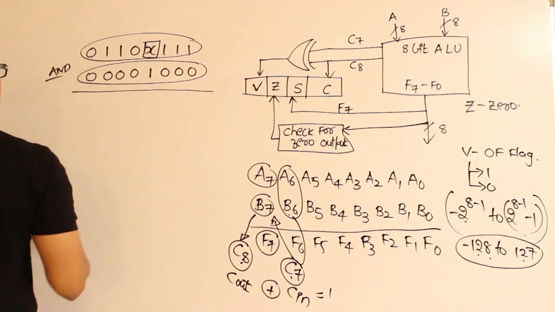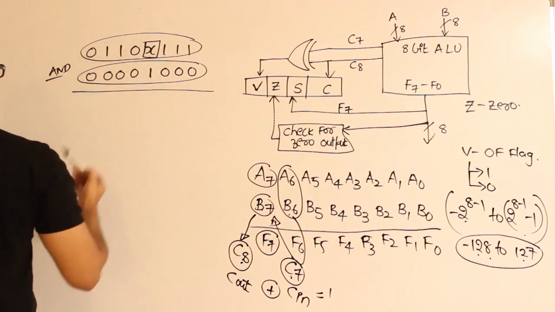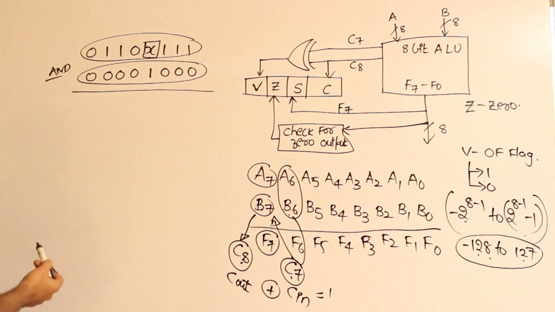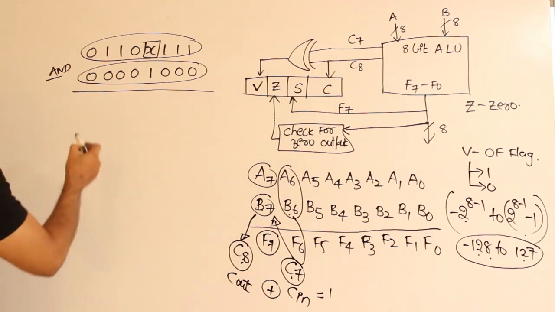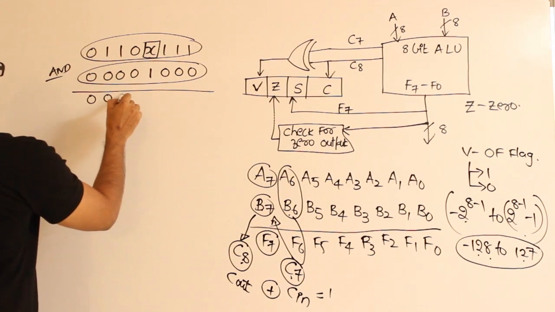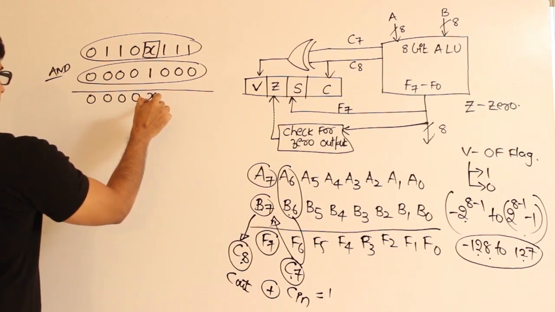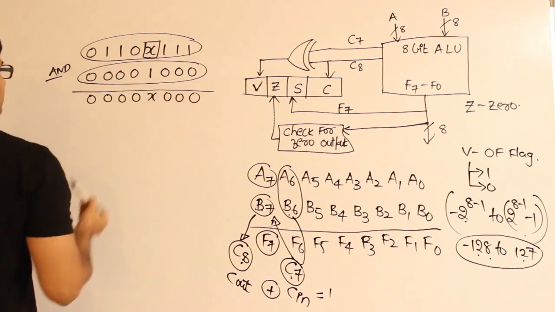This position I want to test. Then I take the actual data and, using this pattern, apply ANDing. Then the result is going to be 0, 0, 0, 0, X, 0, 0, 0.